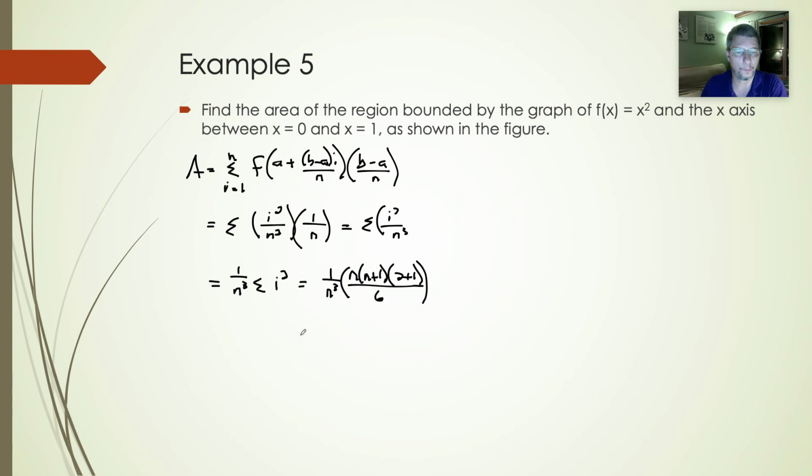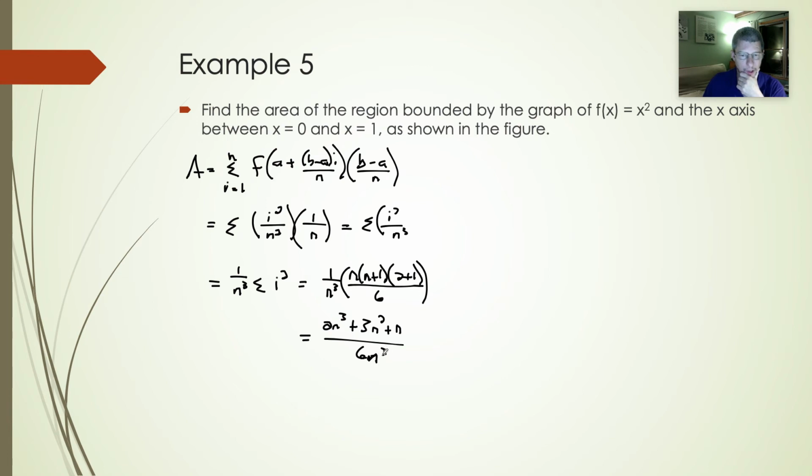Now, do a quick bit of arithmetic and magical mumbo jumbo, and I end up with 2n cubed plus 3n squared plus n all over 6n cubed.